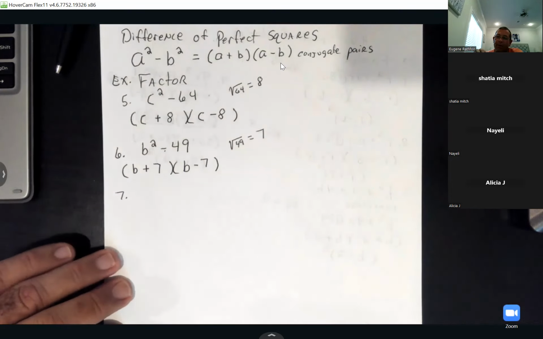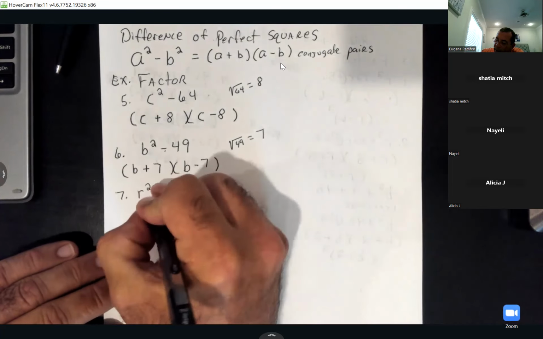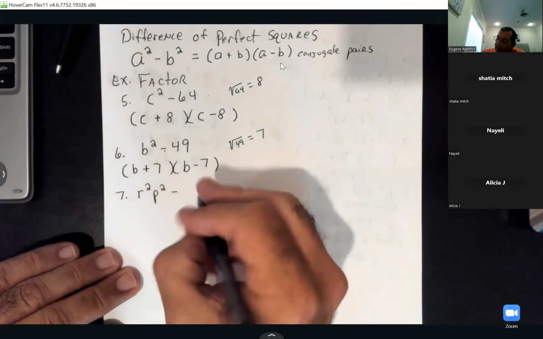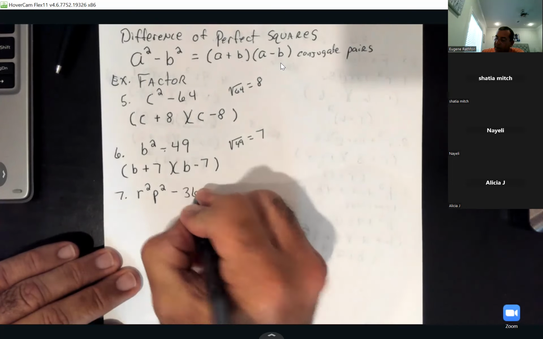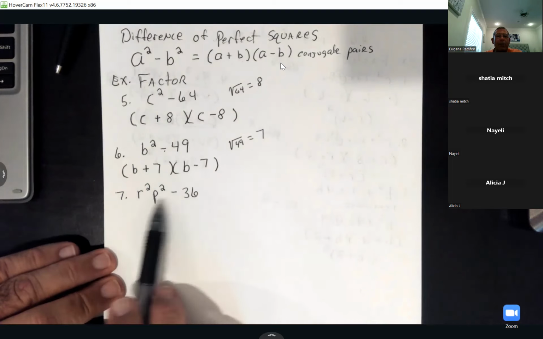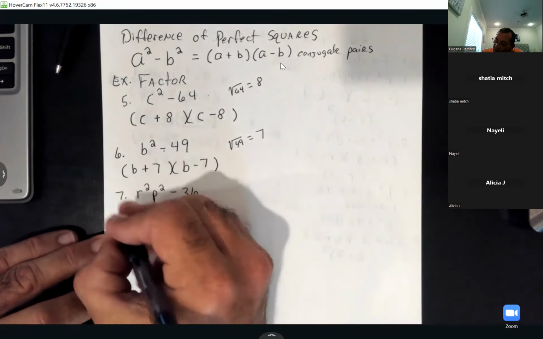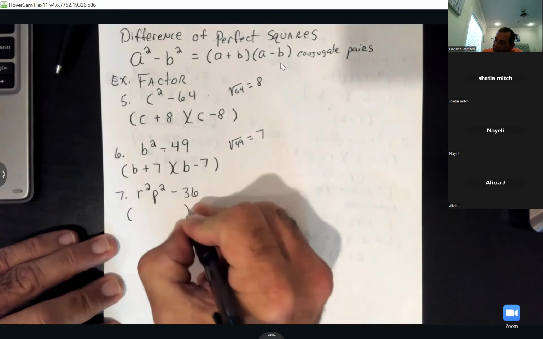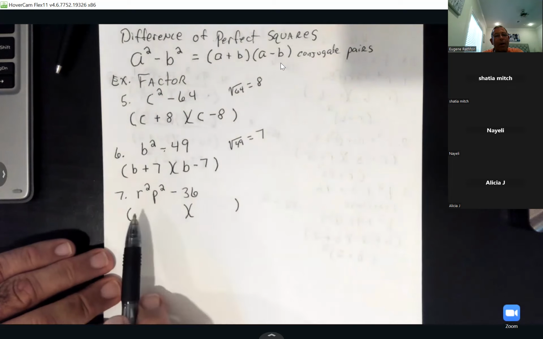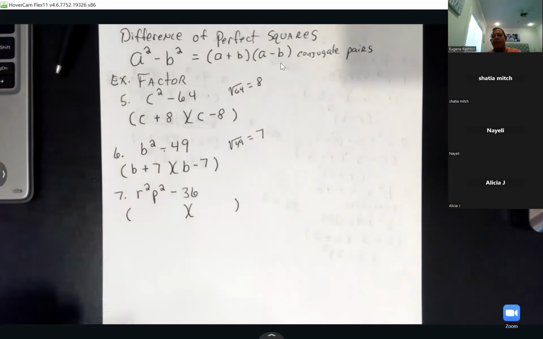So watch this. They're going to turn it up a little bit. r squared p squared minus 36. So there's no GCF between these two. So we're going to go right into our parentheses. What do you think I would put in the front of both of these parentheses?